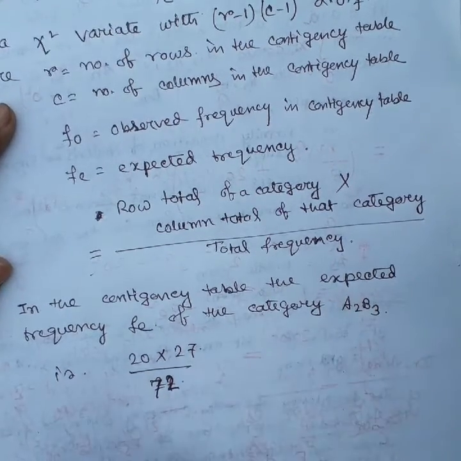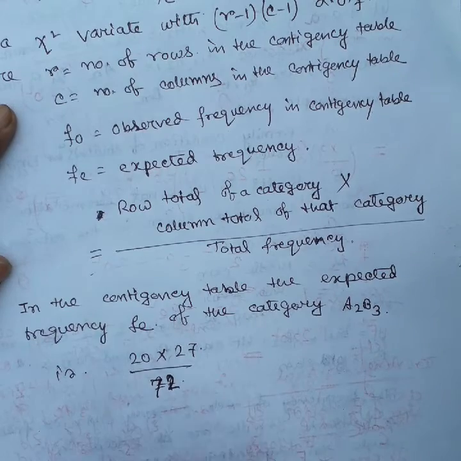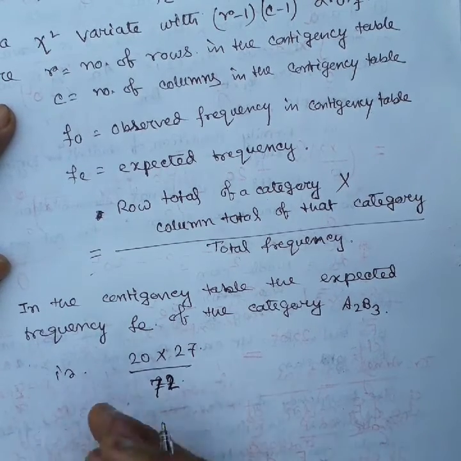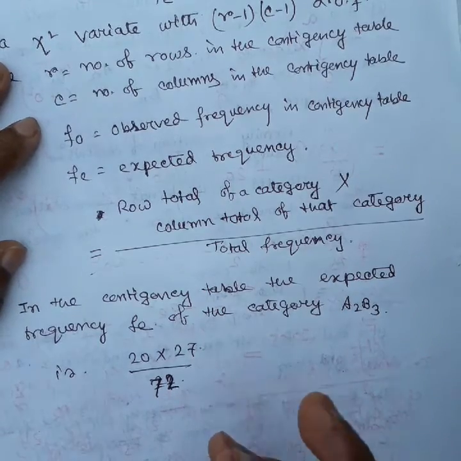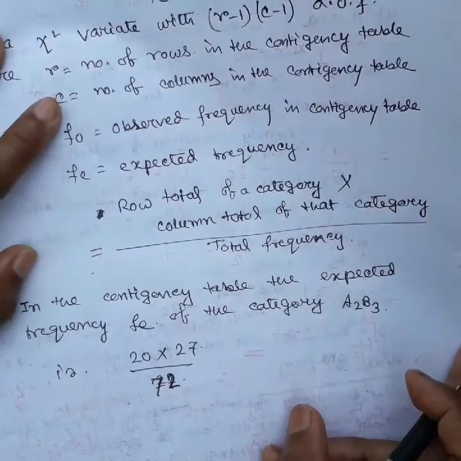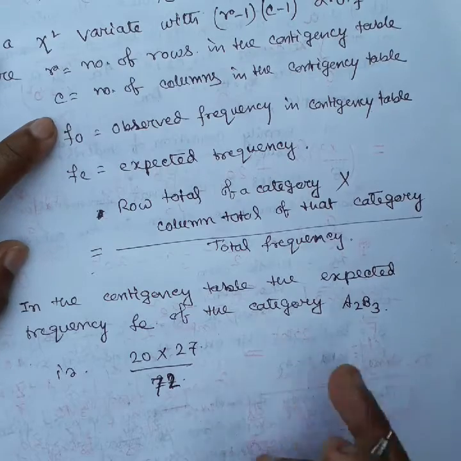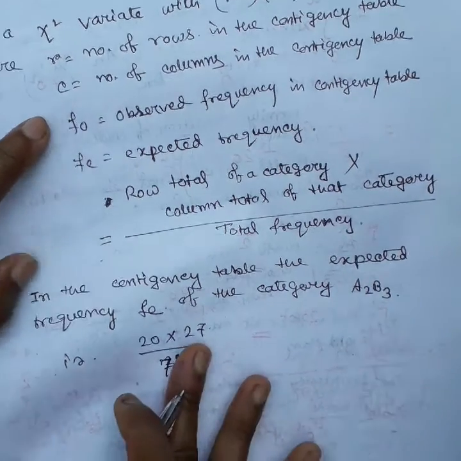This is the expected frequency. Now if the computed value of chi-square lies in the critical region, then H0 is rejected, otherwise it is accepted. Okay, so we know it.